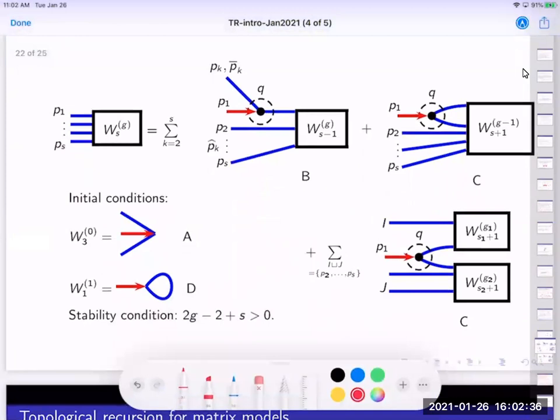So all these boxes inside, I will consider only as stable correlation functions.